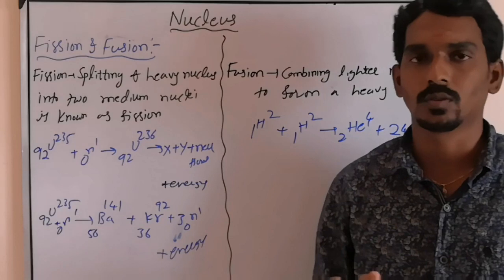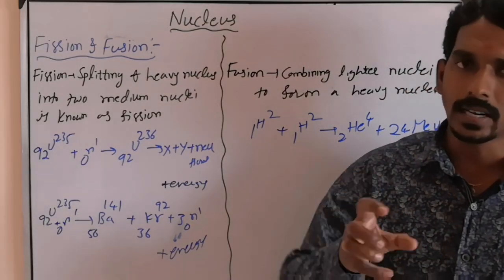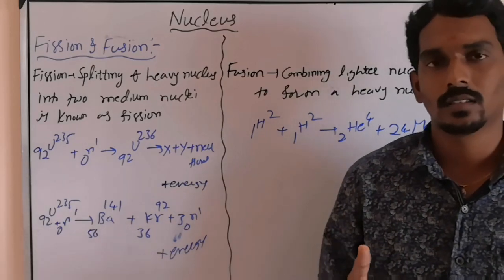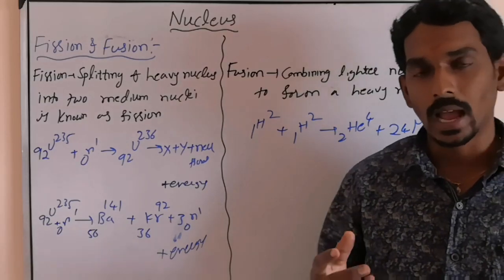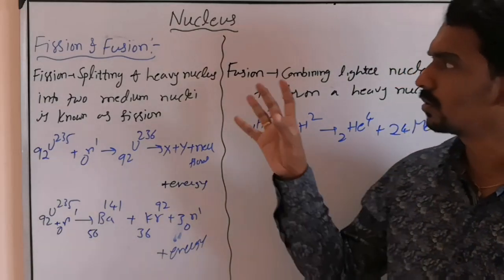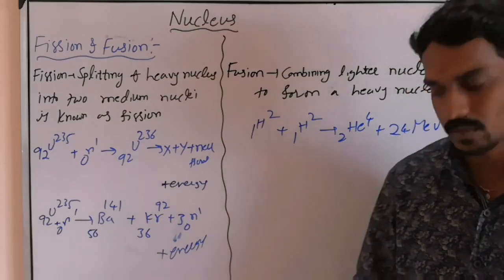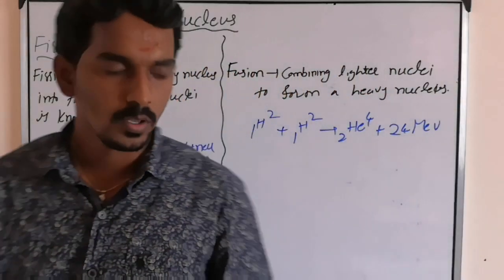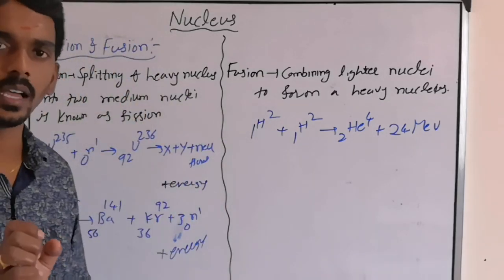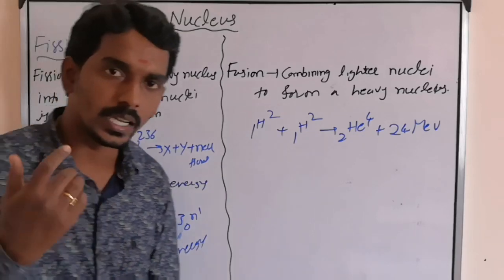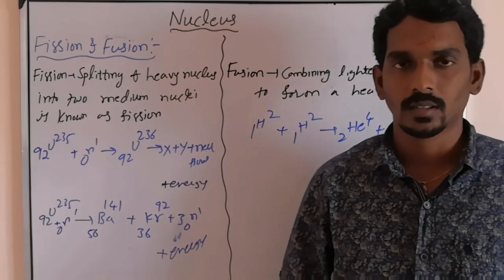The other one, fusion, is used to explain the continuous heat generation of the sun. The atom bomb and hydrogen bomb also work based on fission and fusion. Those things we'll study in our actual class. So please remember these two reactions and understand the basic definitions of fission and fusion, so that in the coming session we can solve questions based on this. Thank you so much.